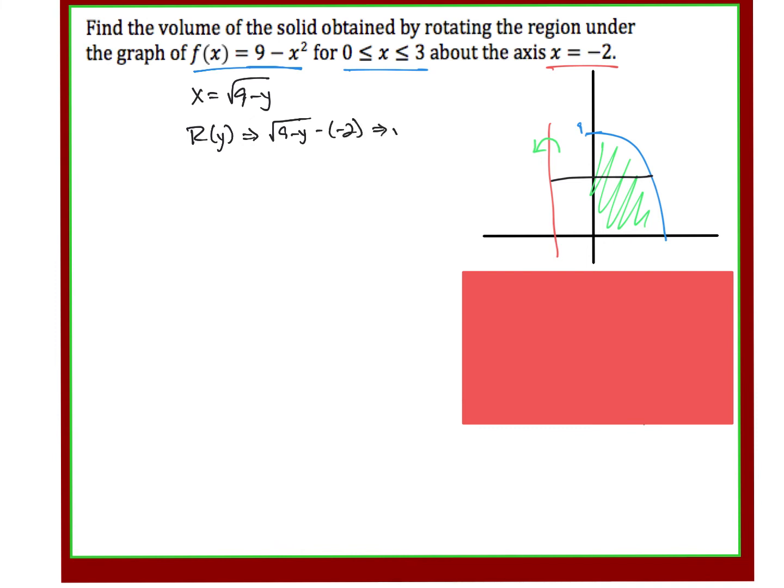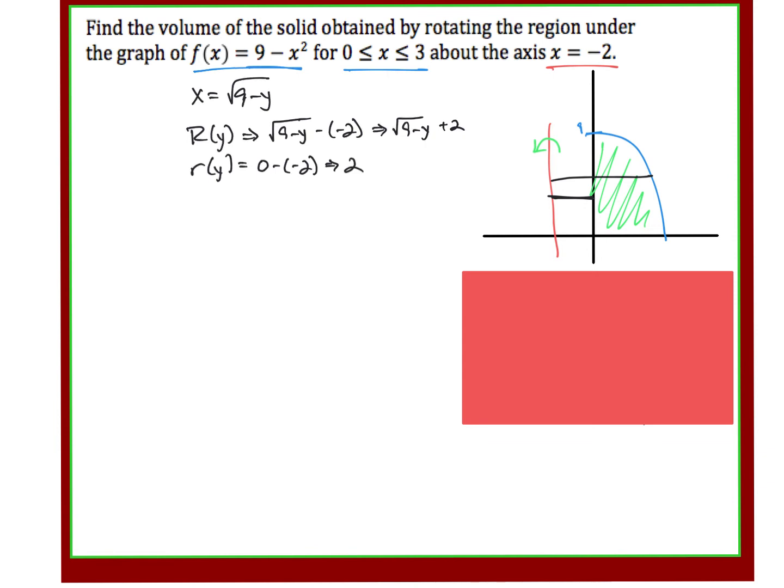So I end up having square root 9 minus y plus 2. All right, then we need to get to a little r of y. My little r of y is the stuff that I'm subtracting out, the stuff I'm taking out. So what would it be? It would be 0 minus -2. So I end up with 2.